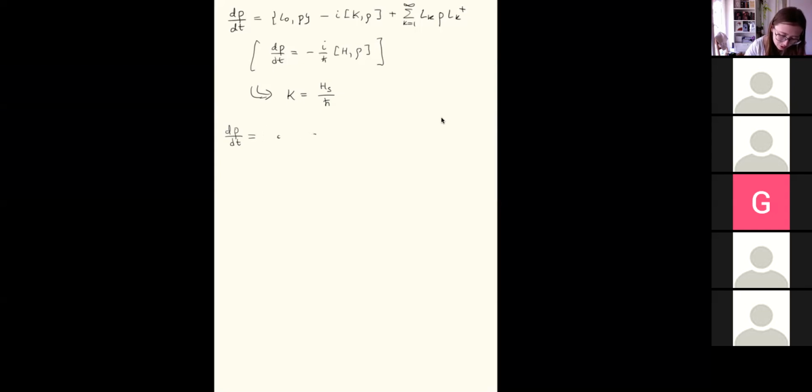Okay, so with that in mind, we write our final equation, plus L0 plus the sum of these. So this is called a Lindblad equation or master equation.